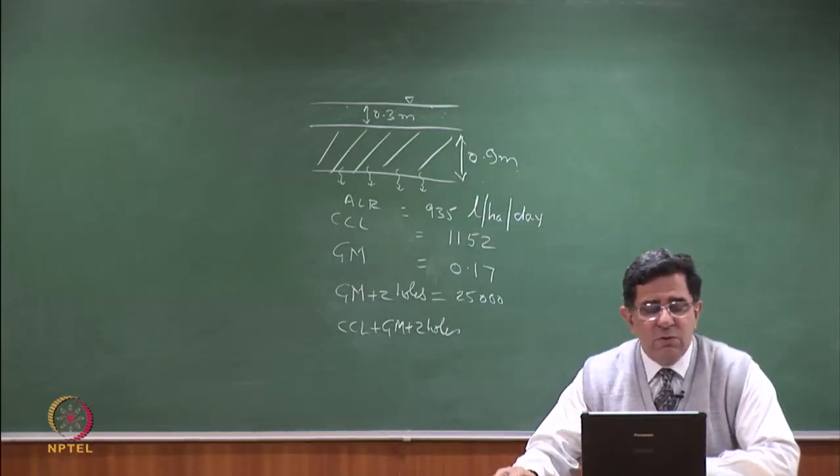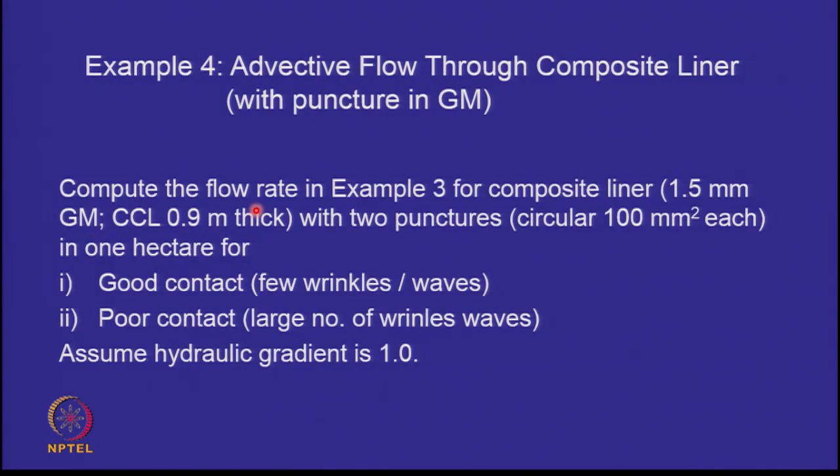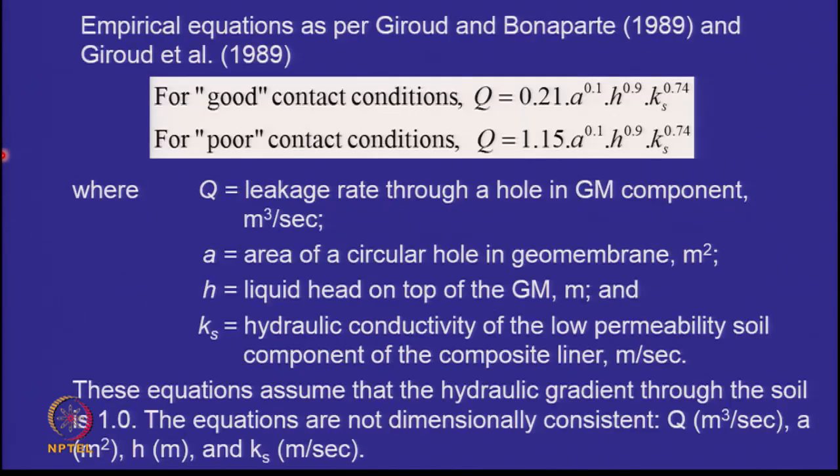If I use the same geomembrane and the same compacted clay, 1.5 mm thick geomembrane, 0.9 meter thick clay, again 2 punctures in 1 hectare, then I have some empirical formulae for good contact and for poor contact if the hydraulic gradient is 1. These were studies which have been done by Giraud and Bonaparte and Giraud.